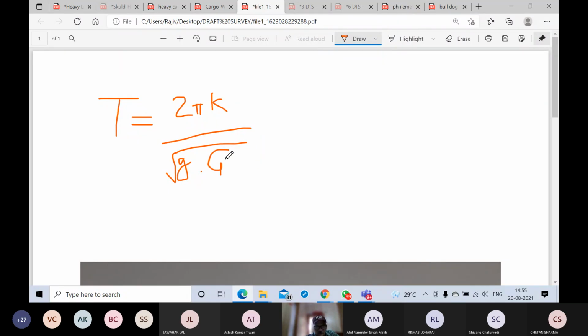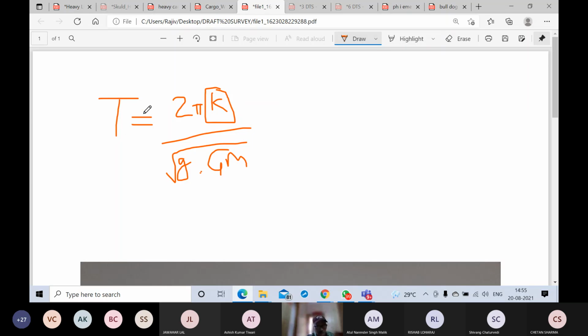Now, g is simple: the force of acceleration, 9.81 meters per second squared. GM is what we are talking about, GM fluid. K is the radius of gyration, which is a constant for a particular displacement. It is given and tabulated in your stability particulars for a given displacement. And T is the time period.